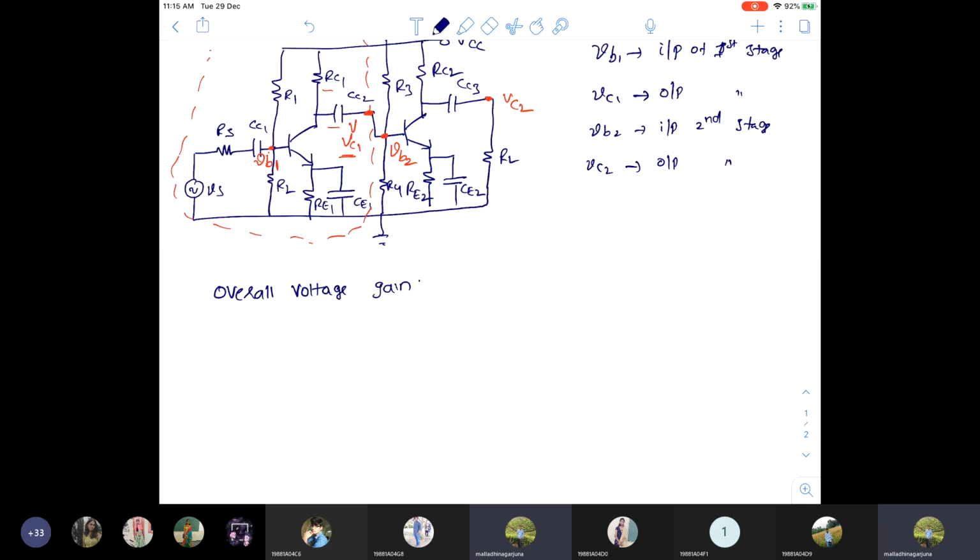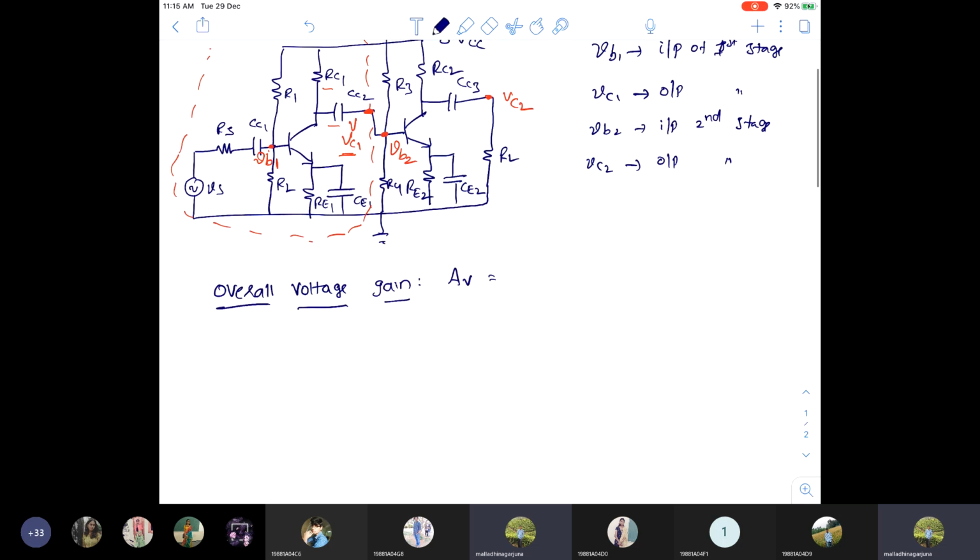Overall voltage gain AV equals... Overall means multi-stage. The output of the second stage is nothing but the output of the final stage; I already told that. The output of the last stage becomes the output of the multi-stage amplifier.